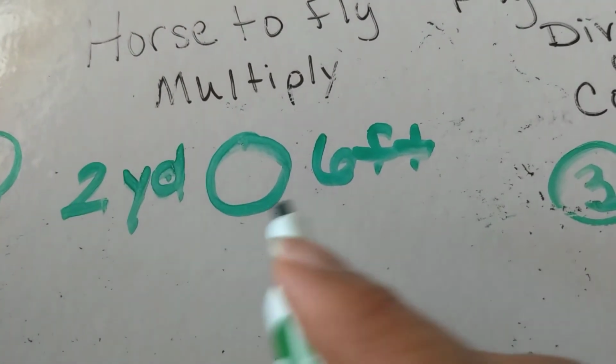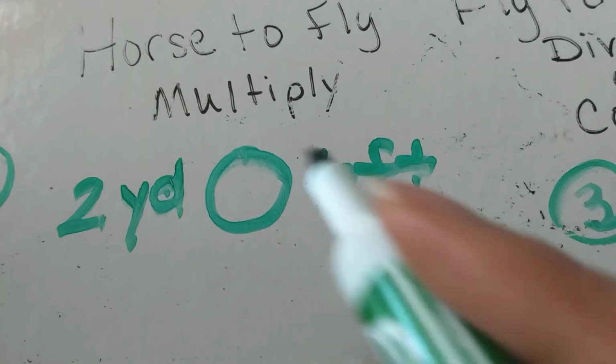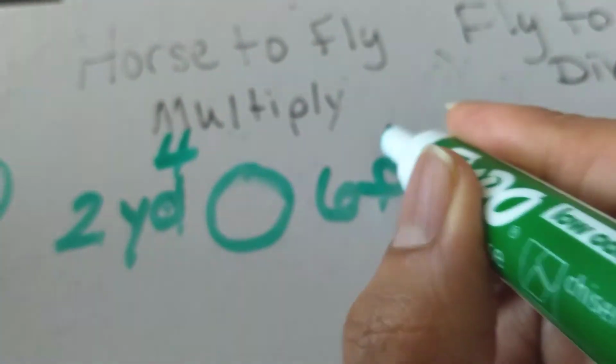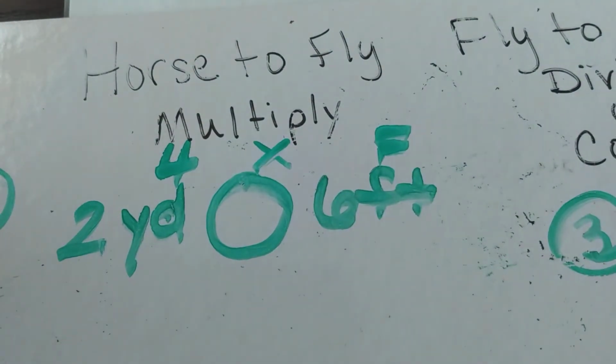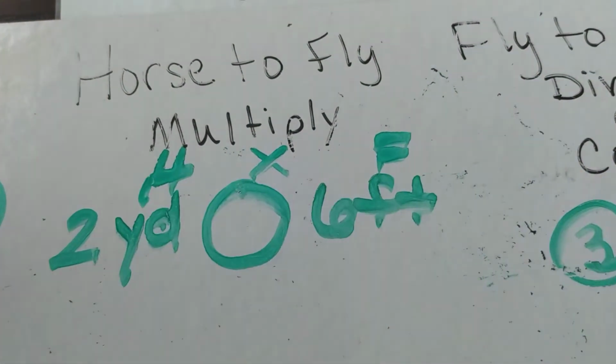I'm going to rewrite it here. Now we're going from yards to feet, right? So that means horse to fly, multiply.